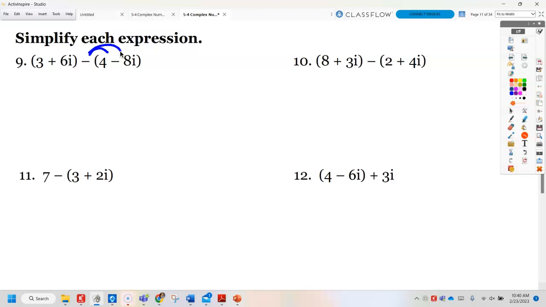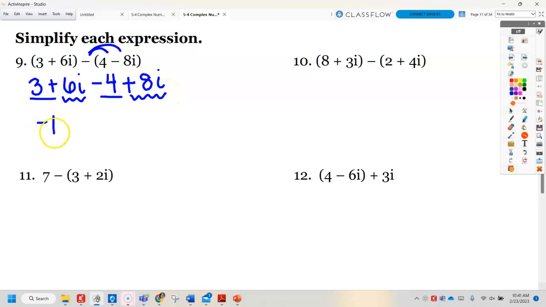So I can't combine like terms until I distribute my negative. So this is really like 3 plus 6i minus 4 plus 8i. Like terms are numbers with numbers, i's with i's. So 3 minus 4, 6 plus 8.